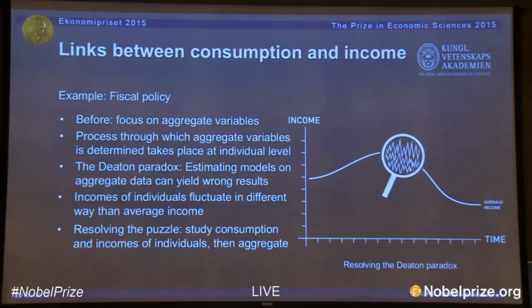At some given time period, some individuals get a positive income shock, some other individuals get a negative income shock, and when you look at the average or you aggregate these numbers, most of these changes average away. So the solution to the Deaton paradox is to study the relationship between consumption and income at the individual level, and thereafter aggregate up to the national level.